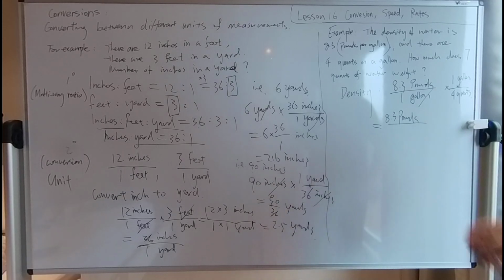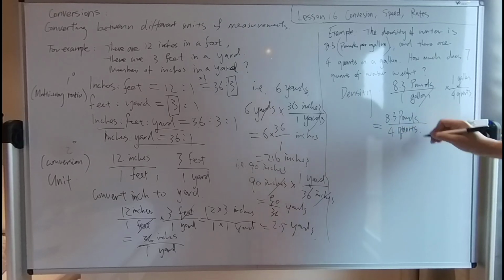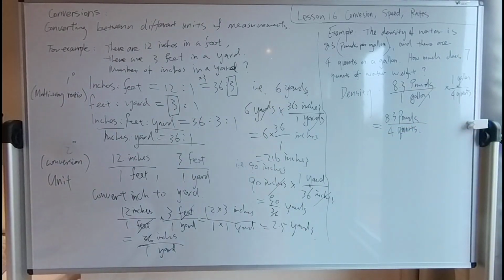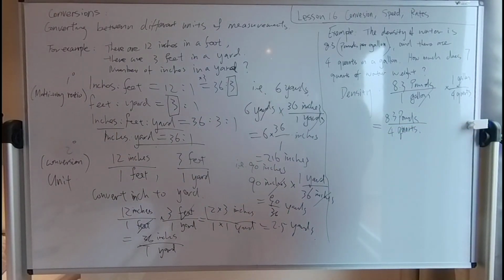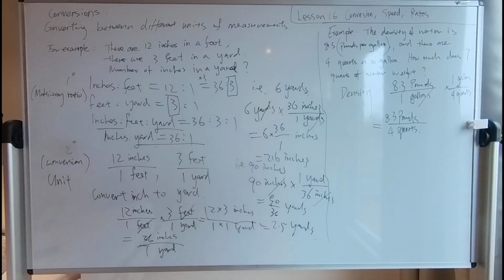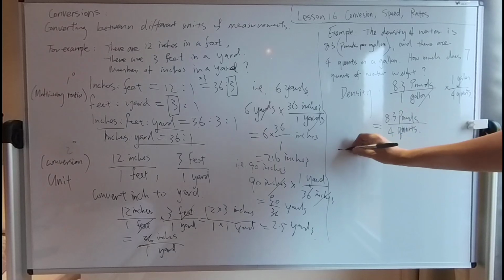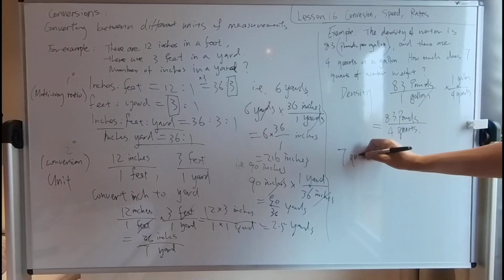The new ratio is 8.3 pounds over 4 quarts. So this is also equivalent to your original density. In other words, it's simply replacing 1 gallon by 4 quarts. Now what I'm asked is, given 7 quarts of the water, what is the weight?